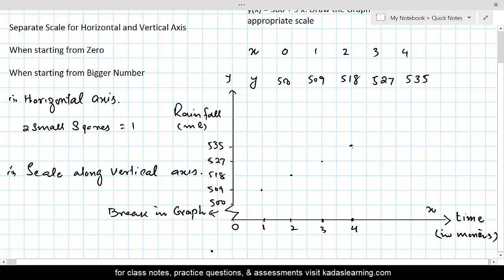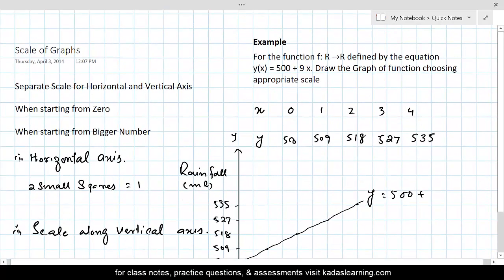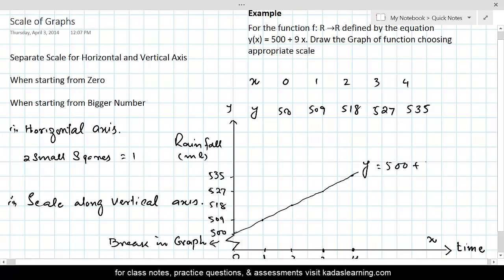Now if you can visualize, all these points lie on a straight line because this is a linear function, therefore it must represent a straight line, and the equation of this would be y equal to 500 plus 9x.